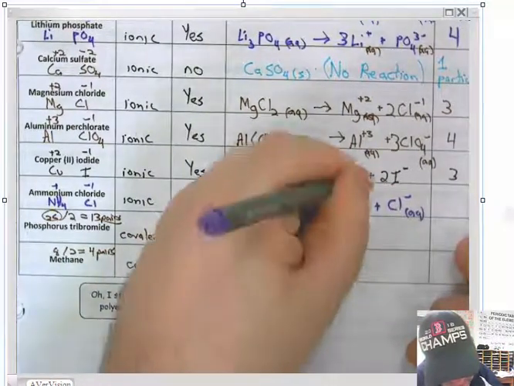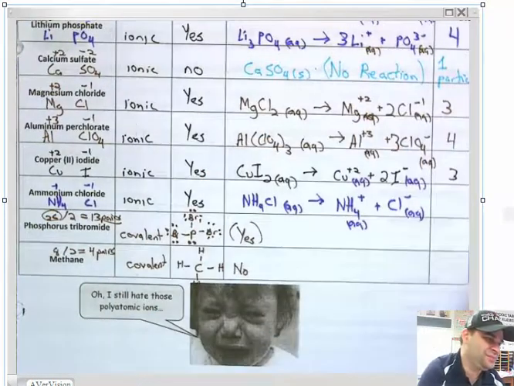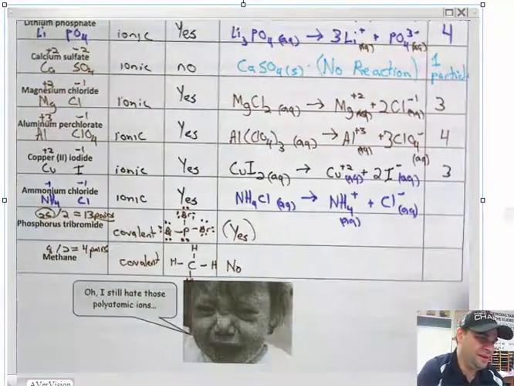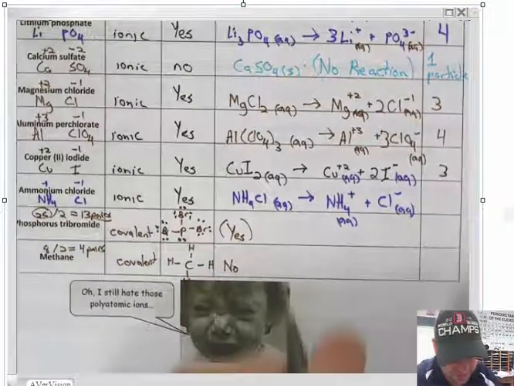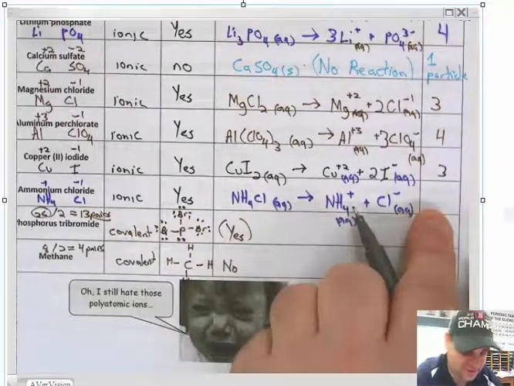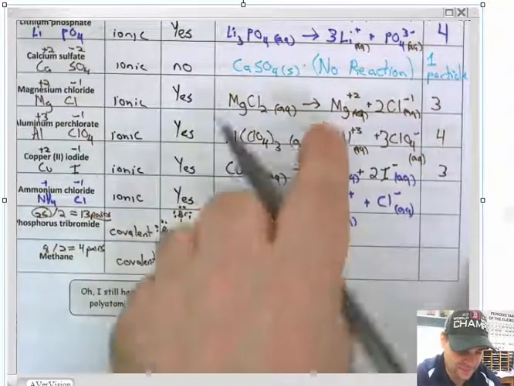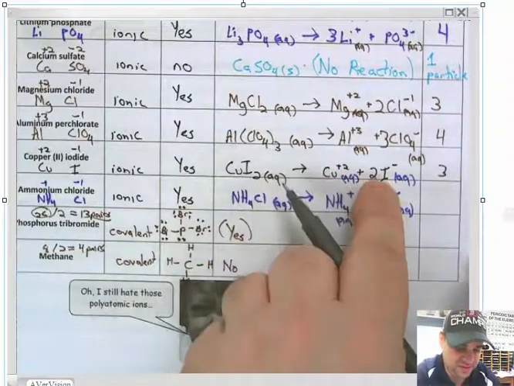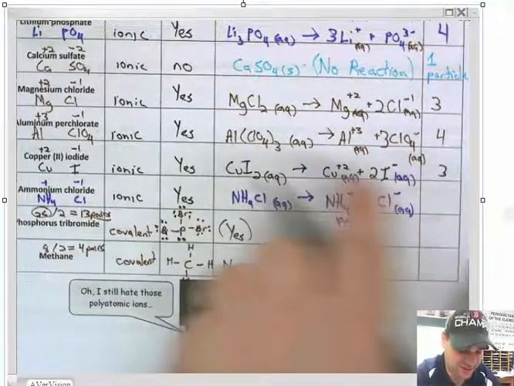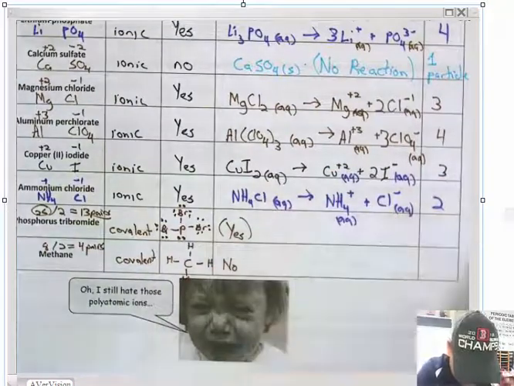Aqueous here, aqueous there, aqueous everywhere. Okay, that's balanced because it's plus and minus. Because the total charge over here has to be 0 as well. That's the other thing I'm checking. I'm checking the atoms and the charges. Like here, +2 and 2 minus 1 adds up to 0. So that's how I know I have 3 ions. Okay, so this is 2 ions, +1 and -1 right there.